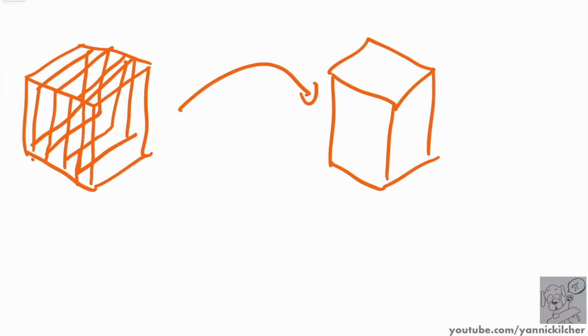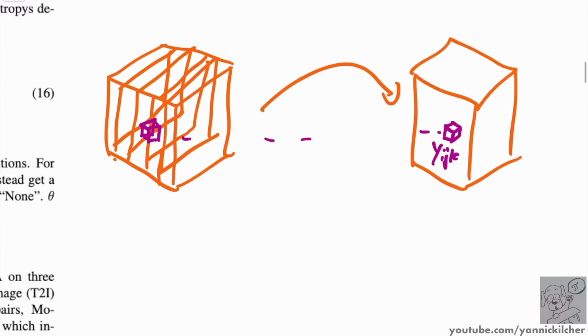As in an attention layer, the input is a sequence of tokens and the output is a sequence of tokens as well. Here, the input is a cube of tokens, and the output is again a cube of tokens. So how are we going to do that? We produce the output for each location, and we define a neighborhood. So if we want to predict this, which would be y at ijk, we search ijk over here, which is, I guess, right here. This is ijk, the same location.